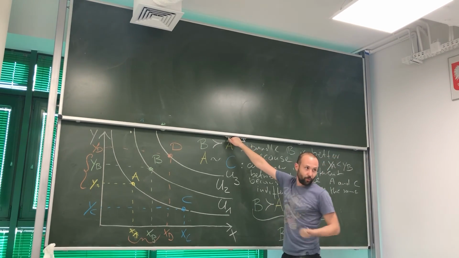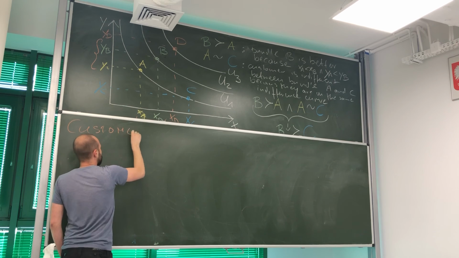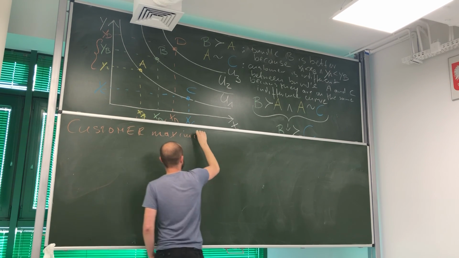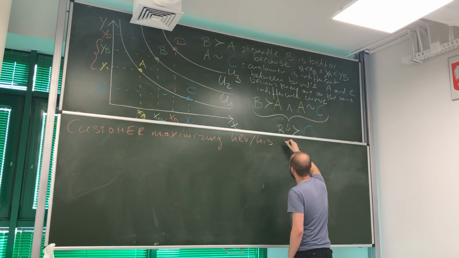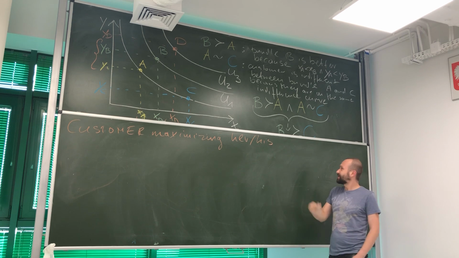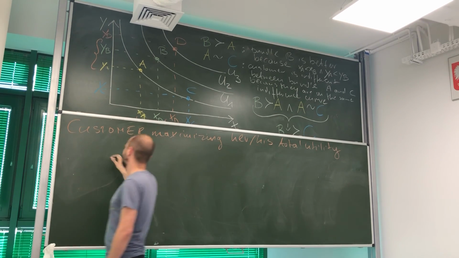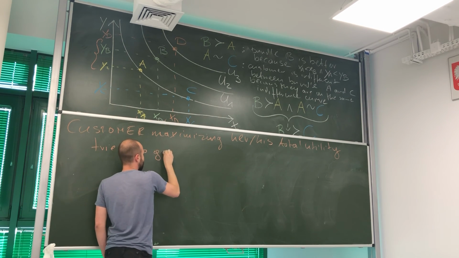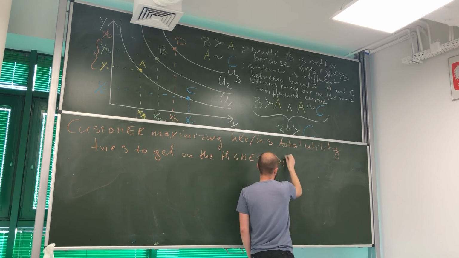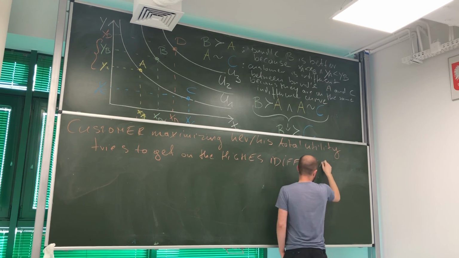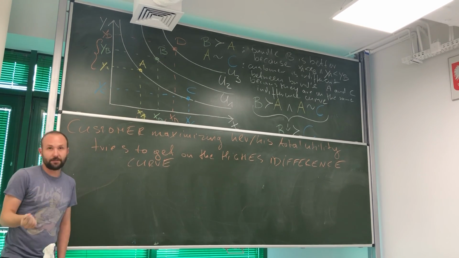So look, the final thing we should get from this is that a customer maximizing his total utility tries to get on the highest indifference curve possible, right?